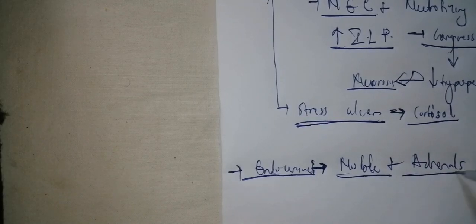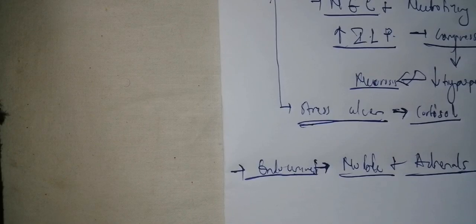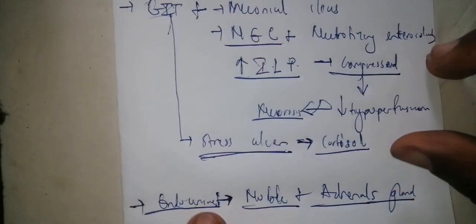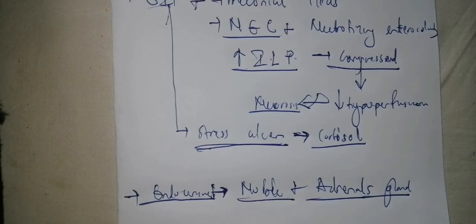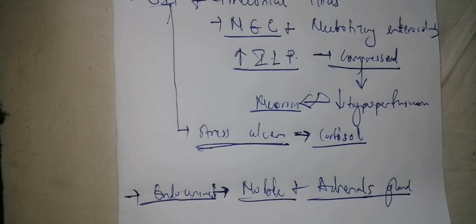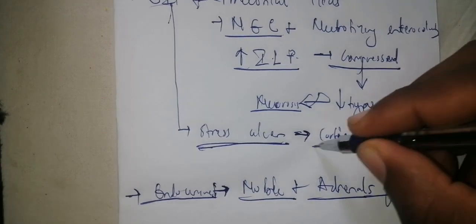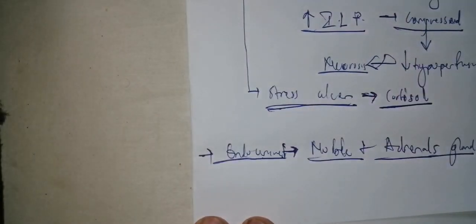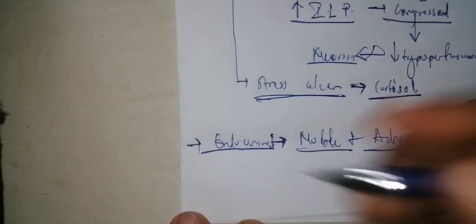The adrenal glands are also one of the major noble organs. So there is going to be hyperperfusion inside the adrenal glands, and the hyperperfusion is going to result in hyper release of all the hormones located in the adrenal glands, particularly cortisol, which is going to result in hyperglycemia. Is it clear? So those are the different elements.